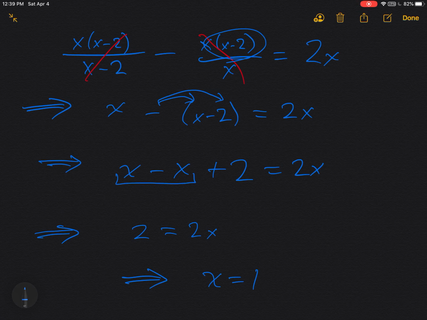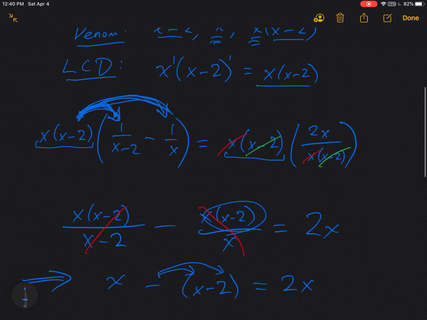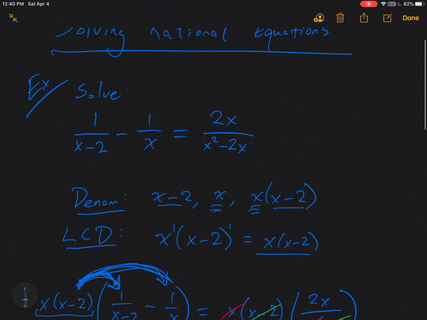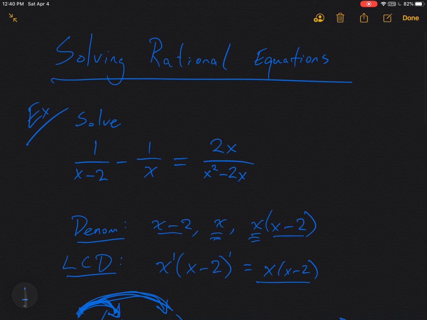In these problems, you'll come up with a candidate solution like this, x equals 1, and then the only thing that you need to check is that you are allowed to plug in 1 in the original equation. So let's go back up to the original equation, and let's look at these denominators. I can plug in x equals 1 here or here or here without causing any problems. In other words, plugging in 1 is not going to cause any of the denominators to be 0.